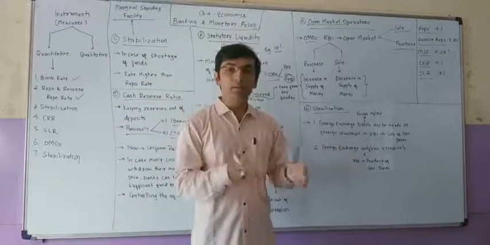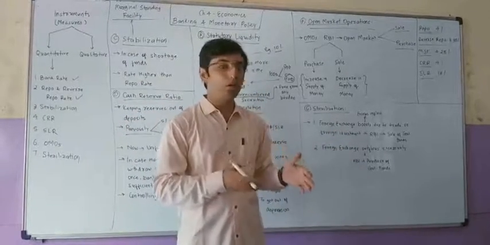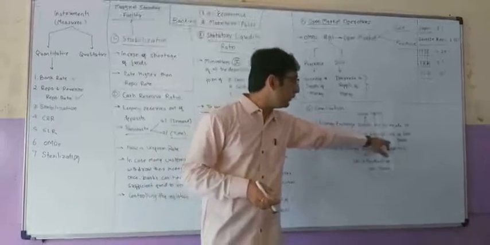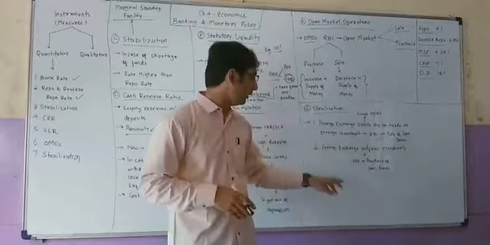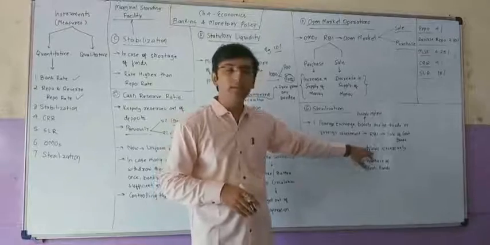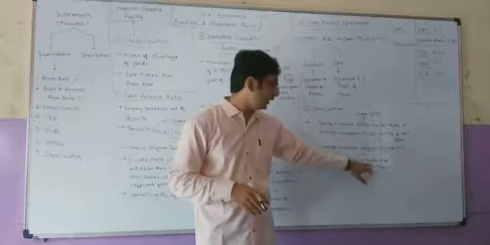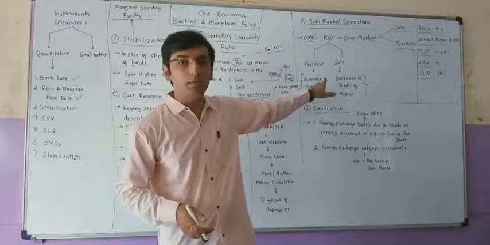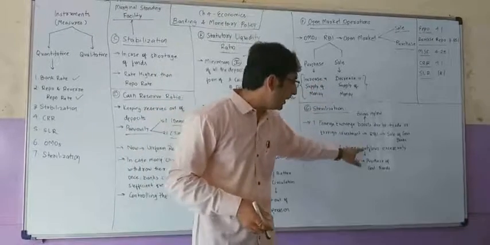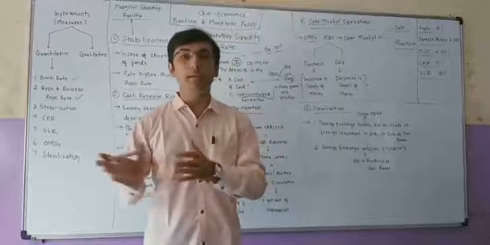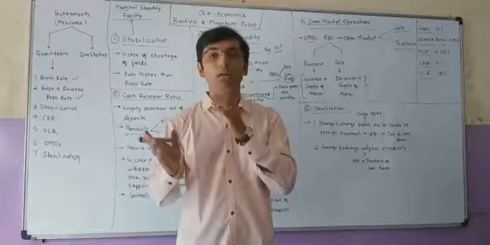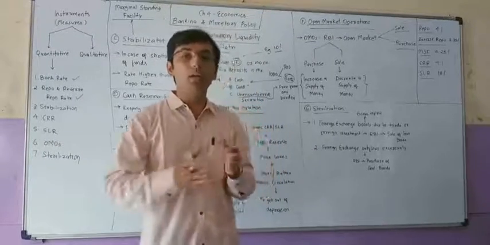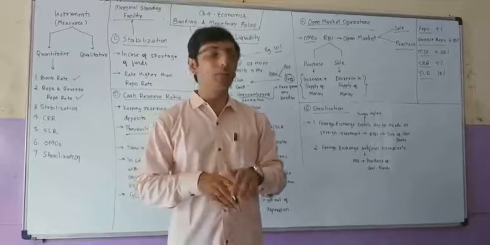When there is excessive inflow in the economy, the Reserve Bank of India will sell the government bonds, and in the case of excessive outflow of foreign exchange, the Reserve Bank of India will purchase the government bonds. Purchase and sell, you are already aware about these things, but why does it need to do this? Because there is an excessive inflow, meaning the inflow that we are not expecting. So to balance these things, the government will sell.